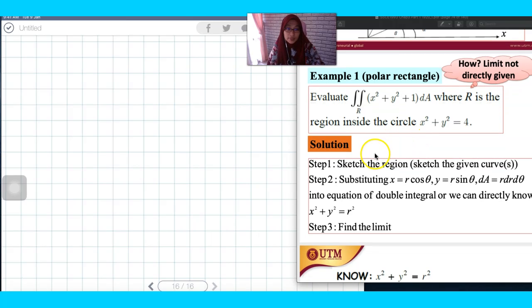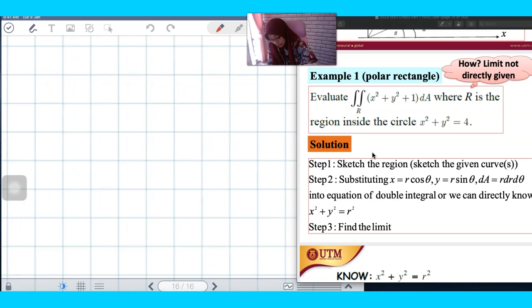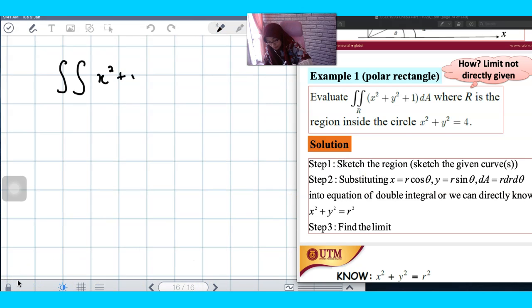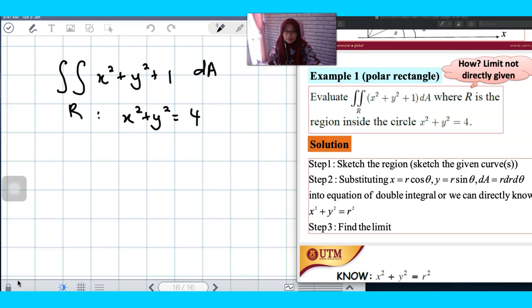Okay, looking at example 1. We want to evaluate. In this case, the information provided is in Cartesian coordinate. So now we look at the instruction here.